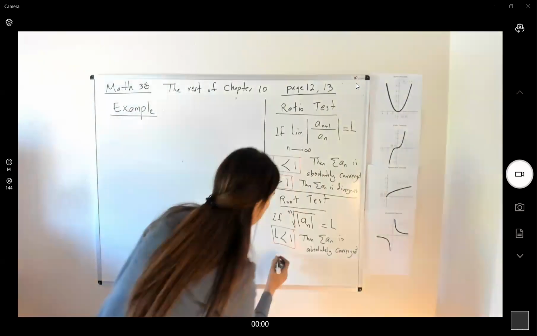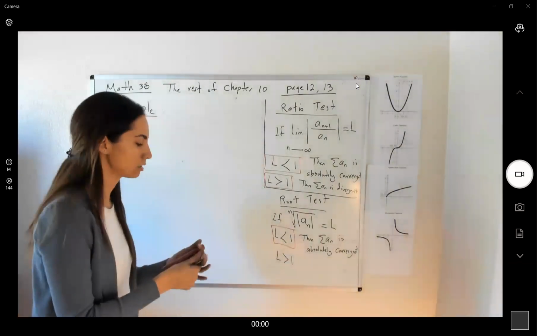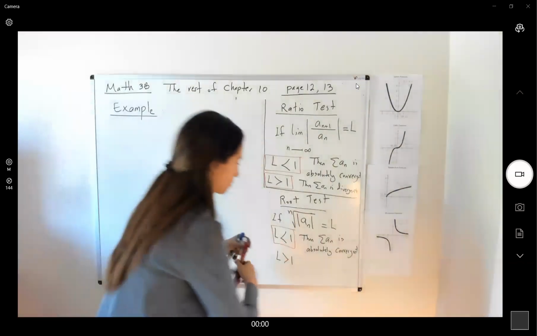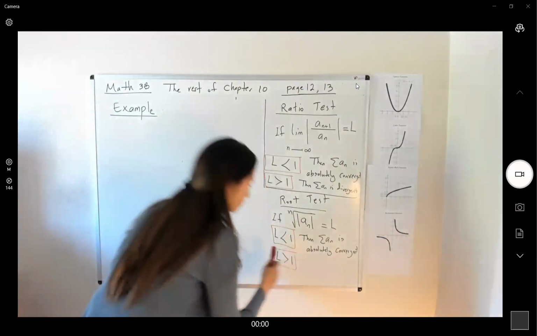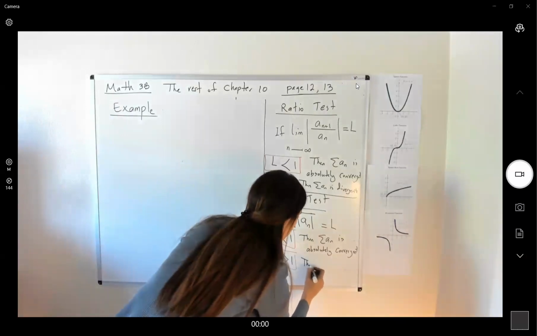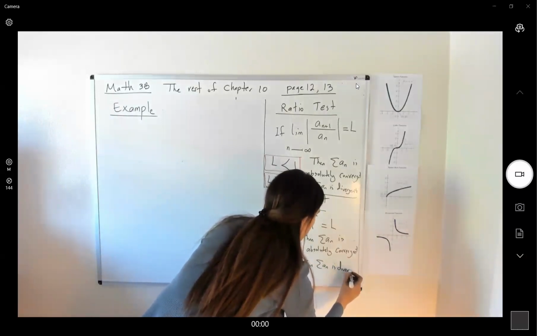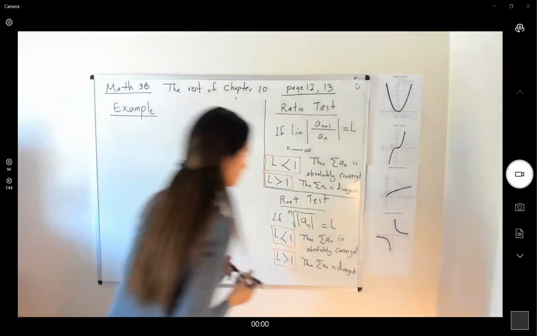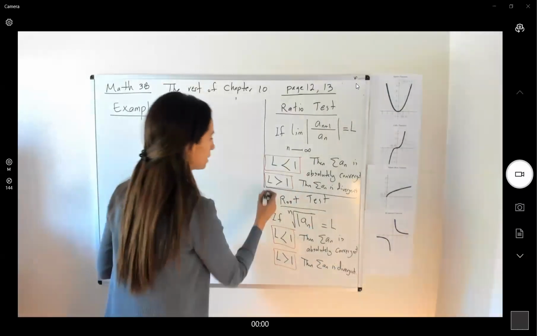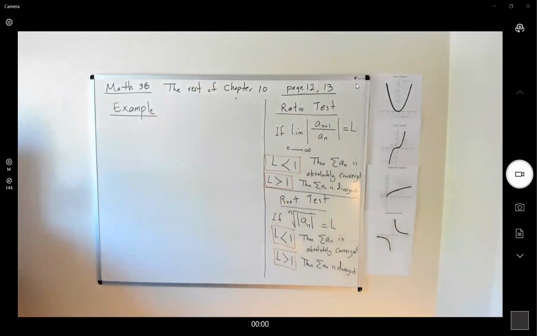And if L is greater than 1, then your series is divergent. Root test and ratio test.